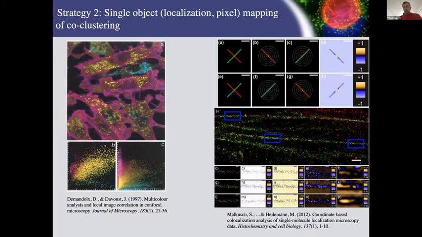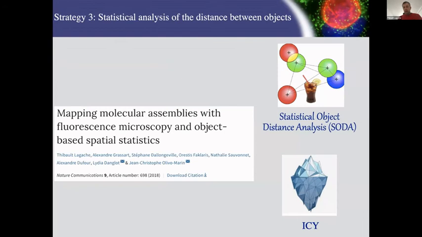So we developed something a bit more general from the distance point of view, and we decided to analyze statistically the distance directly between objects. If the distance is 0, this is the overlap. But more generally, how can you extract information from the distance?